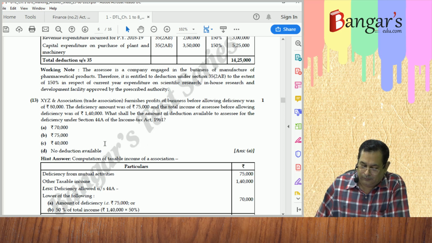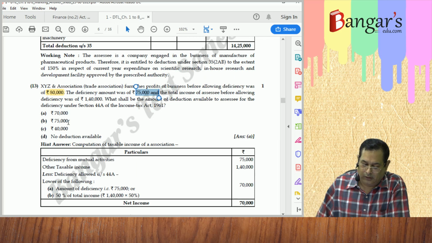So here the income is 80 lakh rupees, deficiency amount is 75,000 rupees, and this is business income, and total income before allowing deficiency is 140. So 50% of 140, that is 70,000, will be deductible under section 44A.